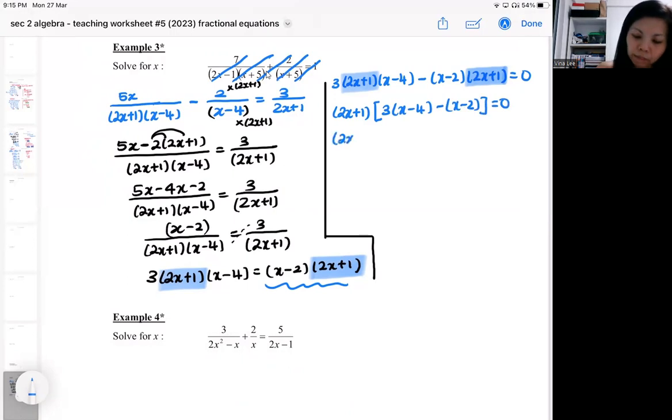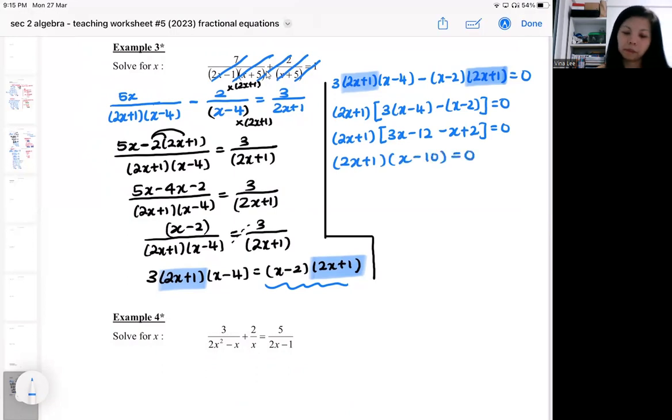So it saved me the trouble of factorizing because I kind of factorized already by taking out the common factor. And then I will have my 2 answers.